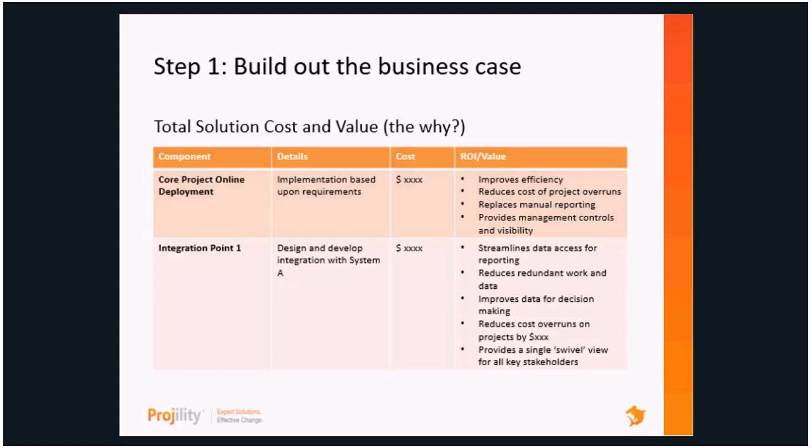Reducing cost overruns on your projects by a certain amount of money. Having the swivel chair, being able to look at one place versus two or three to get access to data so you can make more consistent decisions. So map out those value points that you came up with by asking those questions in the previous slide to start building out the details in the business case mapped to the value.